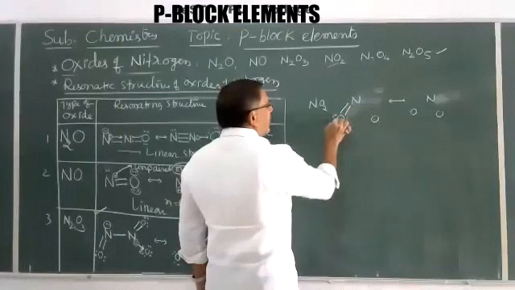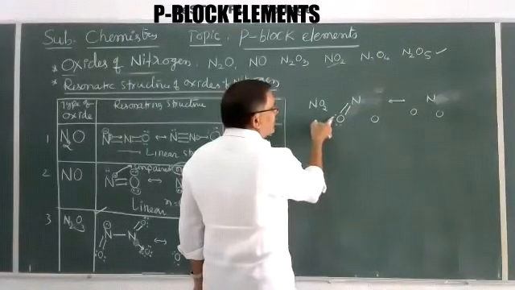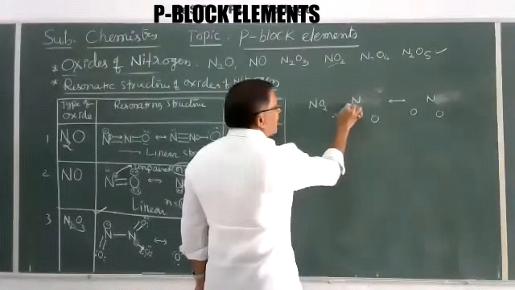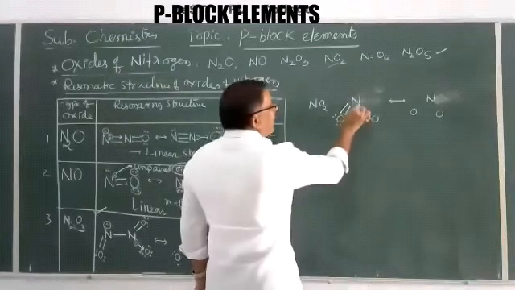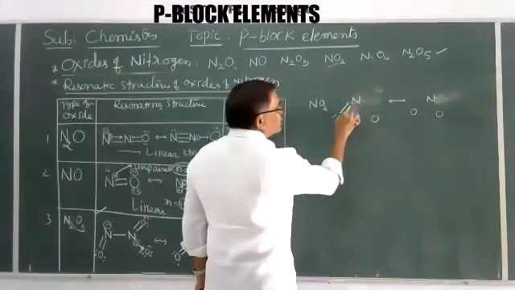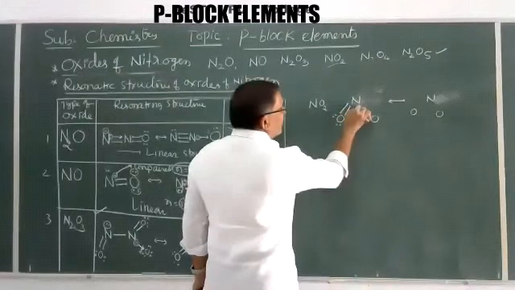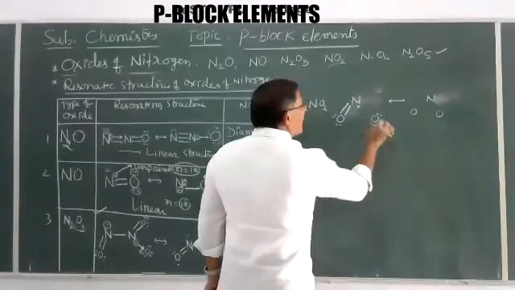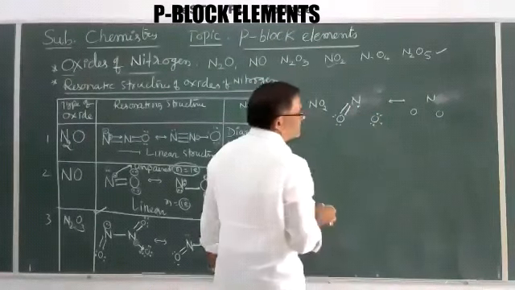Now on the oxygen atom, total 6 valence electrons are there, 2 are paired, 2 are bonded with nitrogen. On the nitrogen atom, total 5 are there, 2 are bonded, the remaining 1 is there. That one cannot, if it is bonded with this oxygen, it forms a single bond.